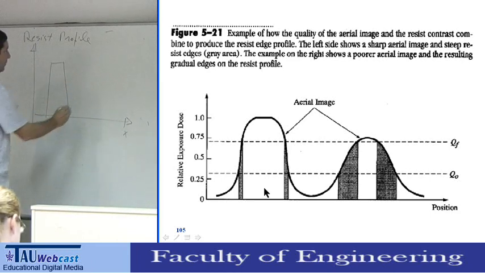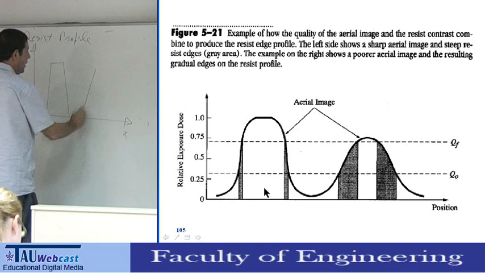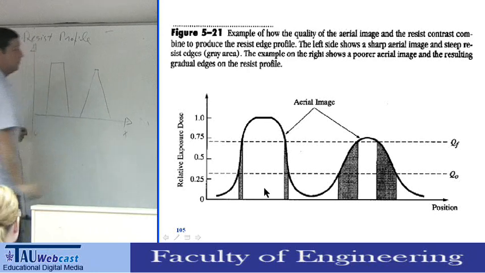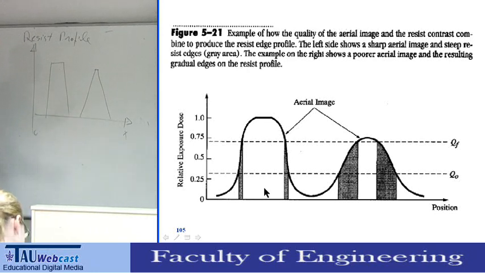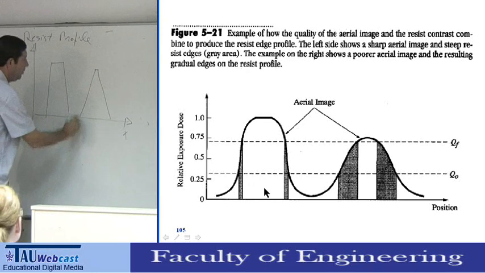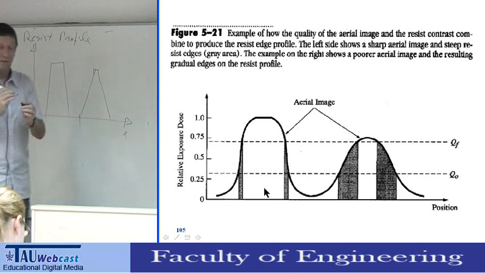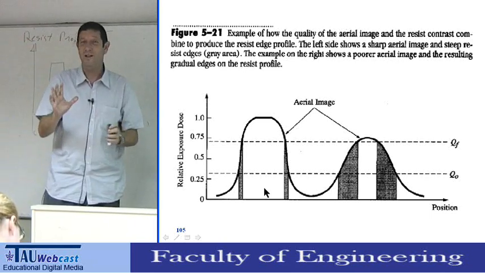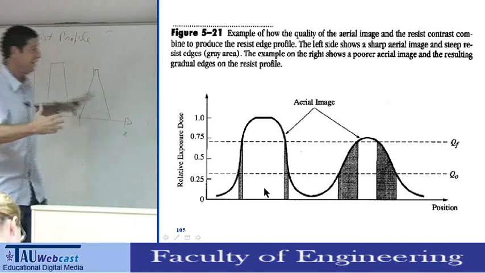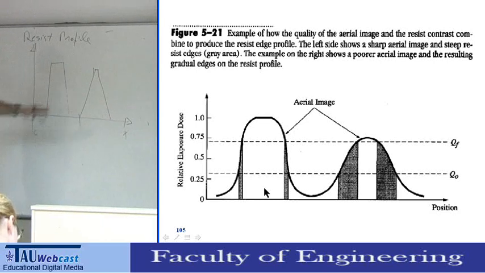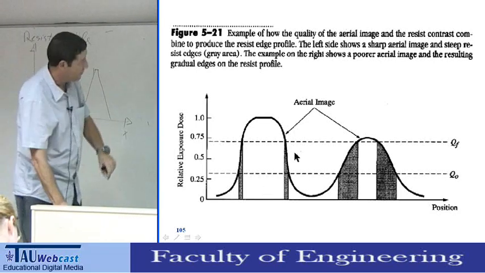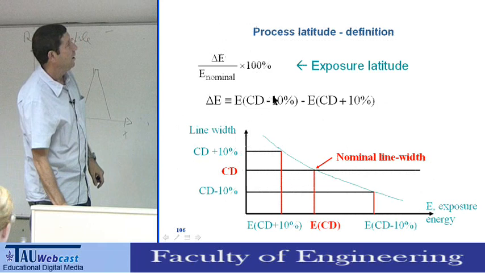The right line will probably look like this. The slope will be the transition between the bottom and the top. This is the resist profile. And this is an approximation. This is, I would say, a very rough approximation. We'll show you how to do better approximations.